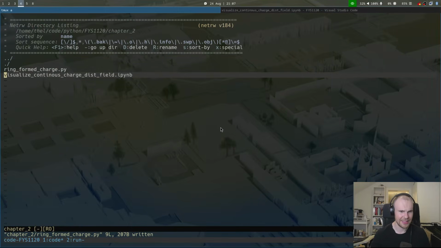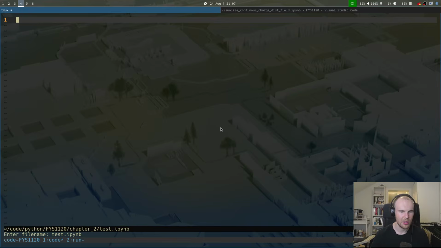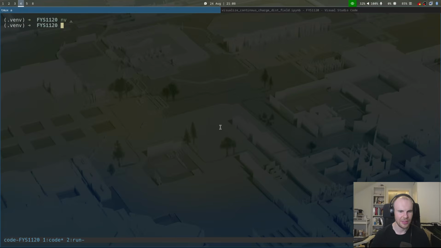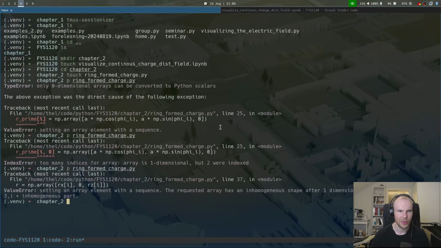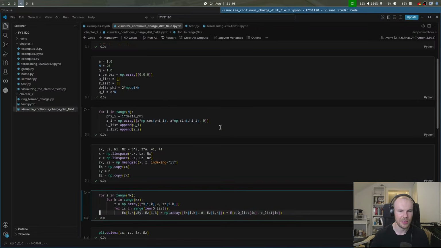Let's see. Maybe I try it with Jupyter Notebooks. Let's just try it. So test.ipynb. Okay, I don't want to stay in the Jupyter Notebook here, right? What I want is, of course, here.